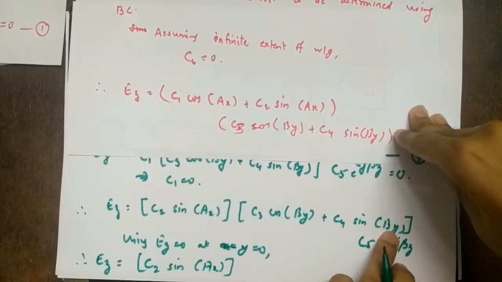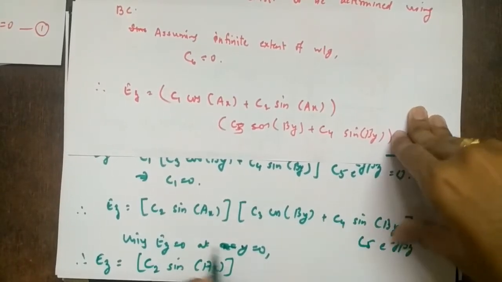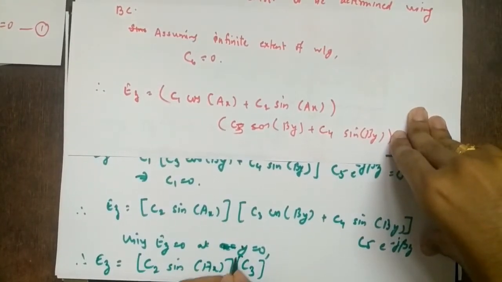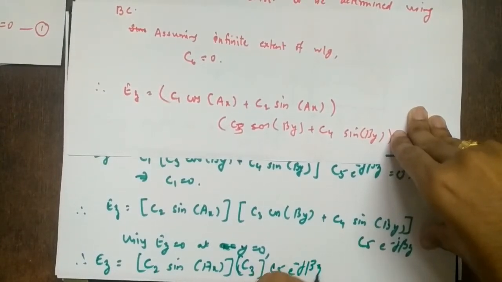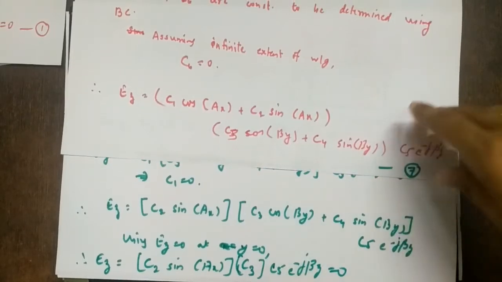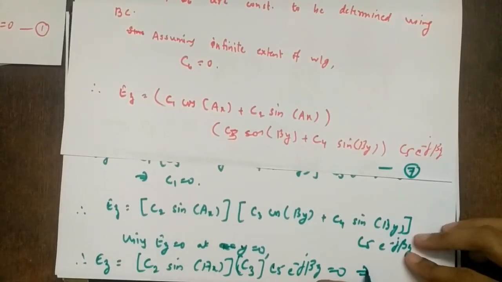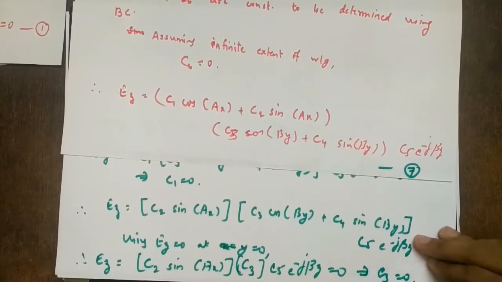Again y is 0, so this complete term is 0. So into C3 and then C5 e raised to minus j beta z equal to 0. So what does this imply? Again C3 should be 0, because this cannot be 0, this cannot be 0, so either this or this has to be 0. So this implies C3 equal to 0.